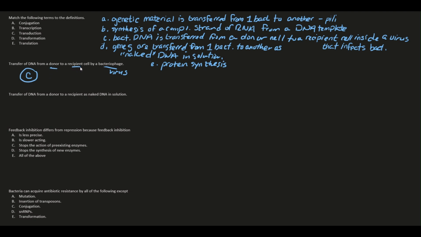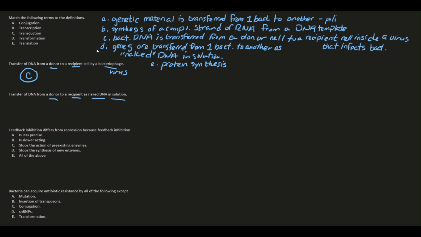It says all of these components. Next one, transfer of DNA from a donor to a recipient as a naked cell. Well, which one has the donor, recipient, and naked DNA in a solution?